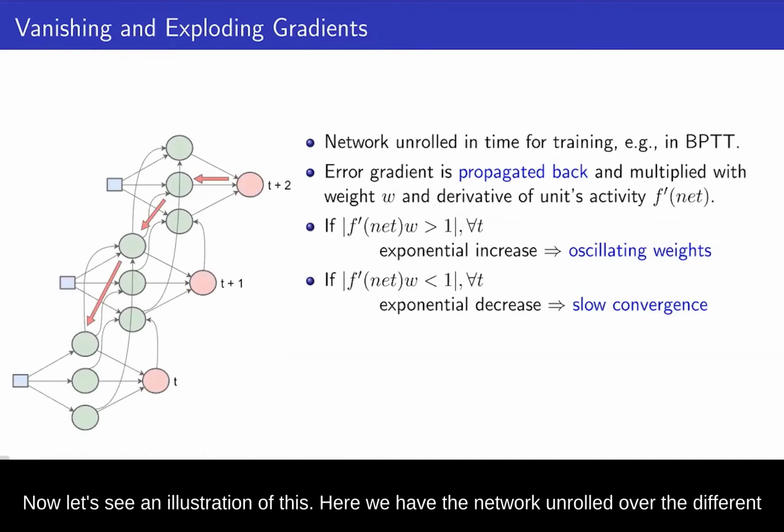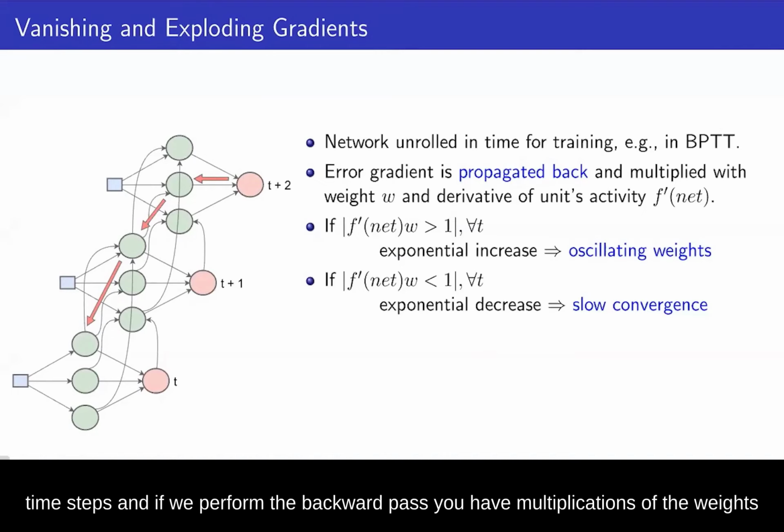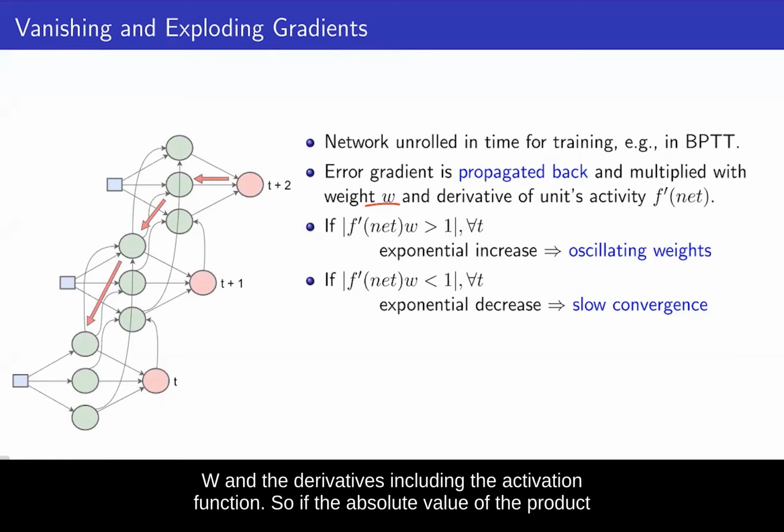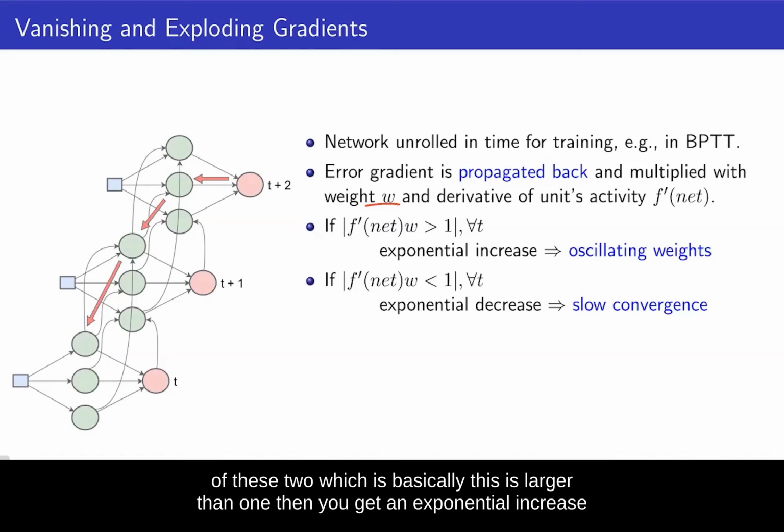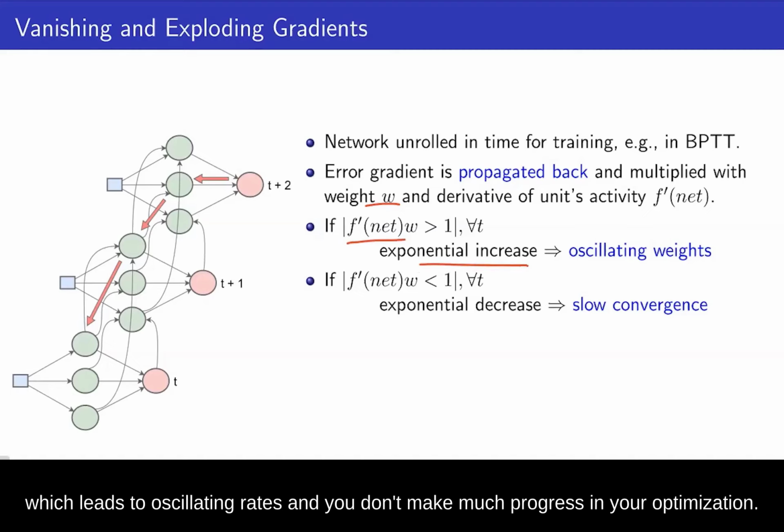Now let's see an illustration of this. Here we have the network unrolled over the different time steps. And if we perform the backward pass, you have multiplications of the weights W and the derivatives, including the activation function. So if the absolute value of the product of these two is larger than 1, then you get an exponential increase, which leads to oscillating weights, and you don't make much progress in your optimization.